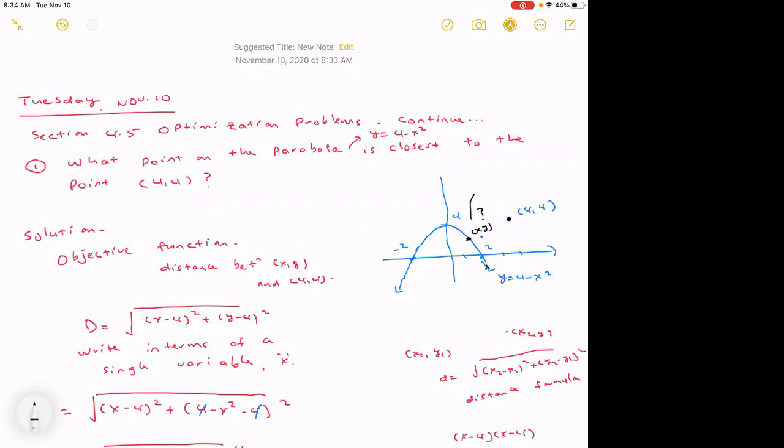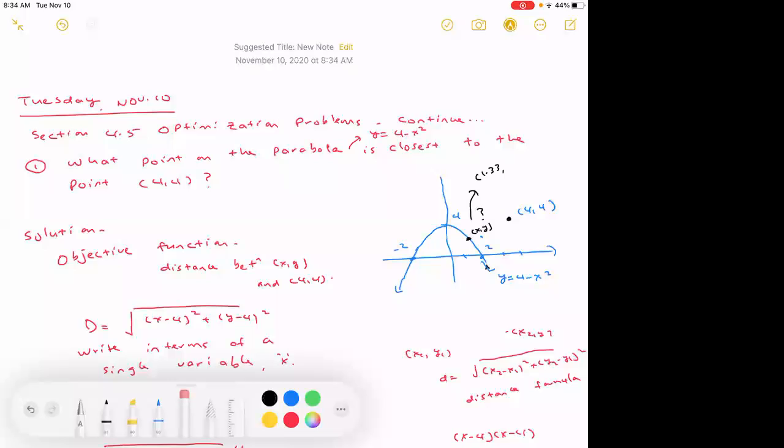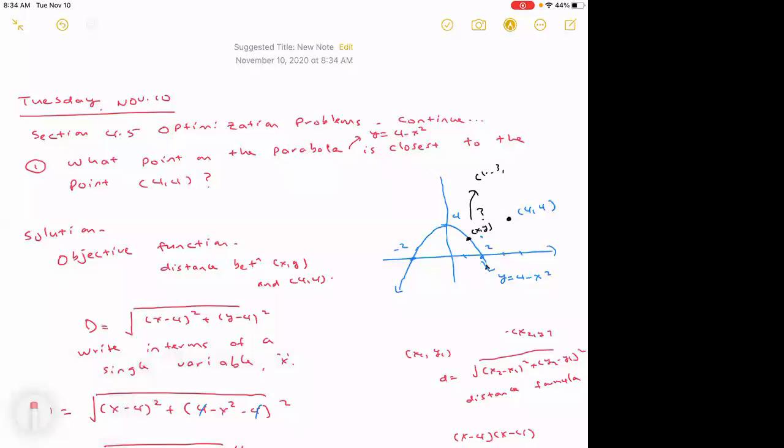So this point is what? 1.33? 1.32? No, 1.13, I think, right? Yeah. 2.72. So it is, in fact, 1.13, somewhere here. Yeah, that's close.